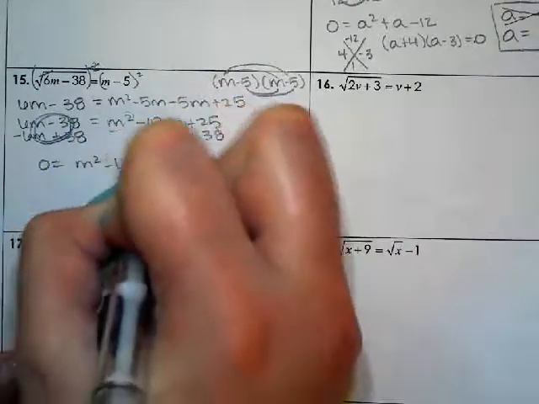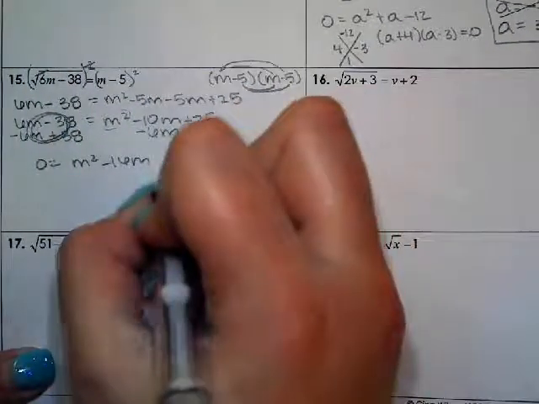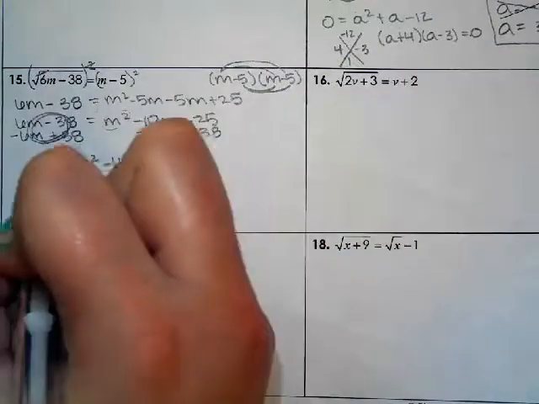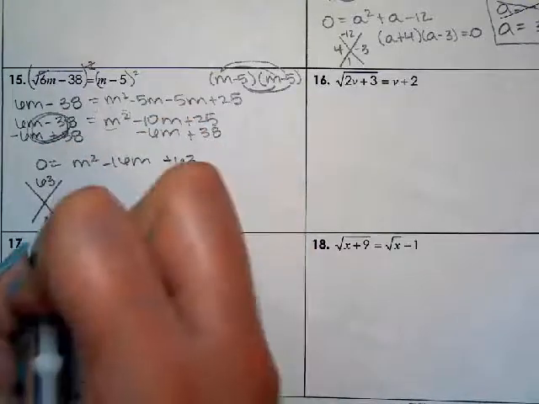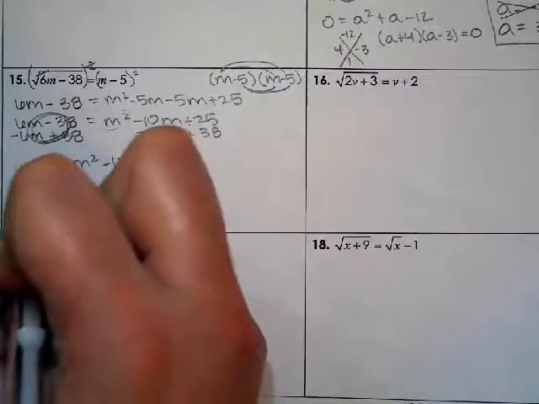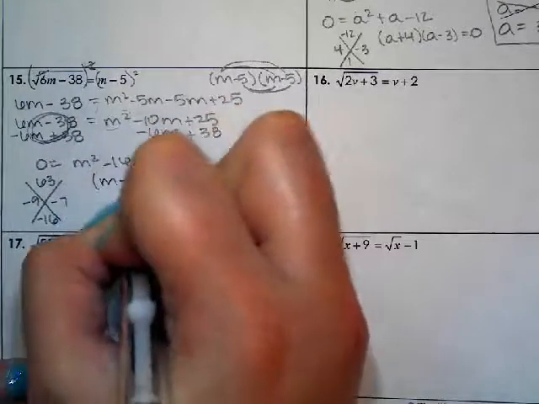I'm looking for two numbers that multiply to a positive 63 that add to a negative 16. Those two numbers would be negative 9, negative 7. So I have m minus 9, m minus 7. So my two solutions are positive 9, positive 7.